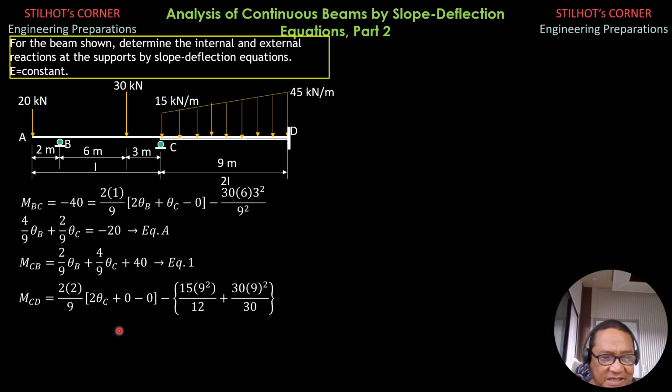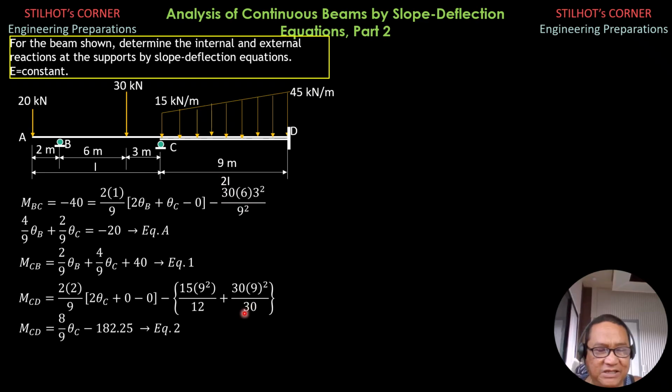Simplifying, MCD is 8 over 9 theta C, then minus 182.25. Then that's MCD, equation 2. MDC on the other hand, becomes 4 over 9 theta C, then the fixed moment is positive. Positive of 15 times 9 square over 12 and positive 30 times 9 square over 20.